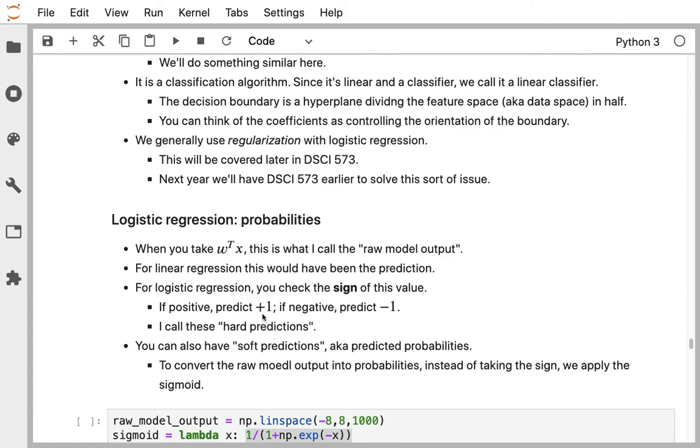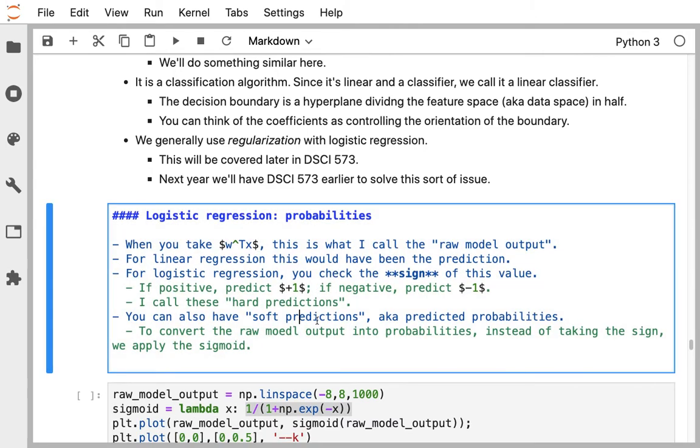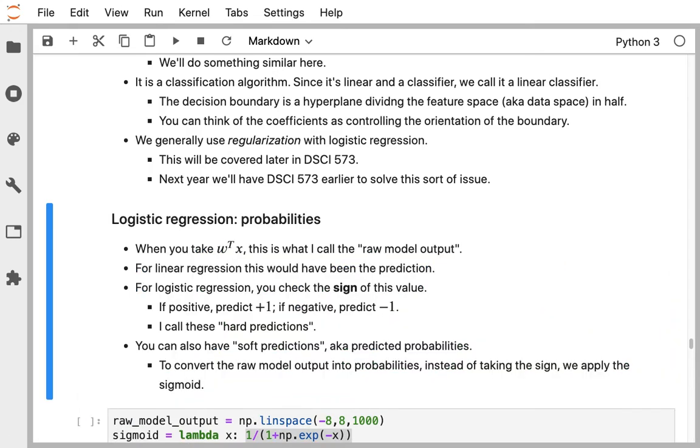If it's positive, you predict the positive class. If it's negative, you predict the negative class. I'll call these the hard predictions, as opposed to the soft predictions, which are the probabilities. Now I'll talk about how we convert the raw model output into probabilities.